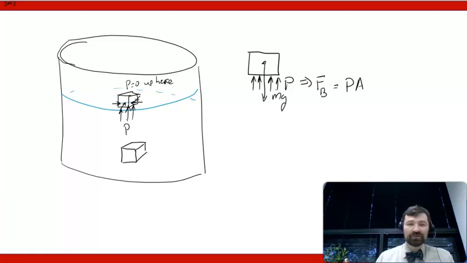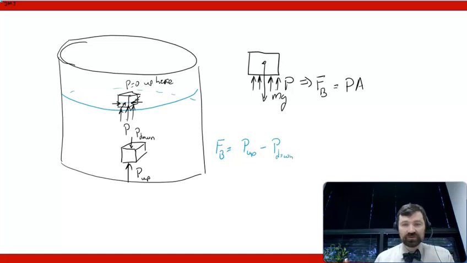If it's totally submerged, then again all the lateral pressures will balance, and I have an upward pressure from the bottom and a downward pressure from the top. Again, my buoyant force would be the upward pressure minus the downward pressure times the cross-section area of this block.